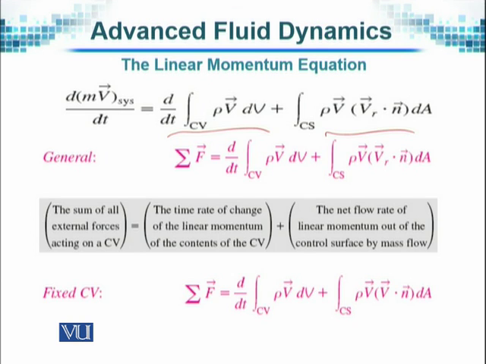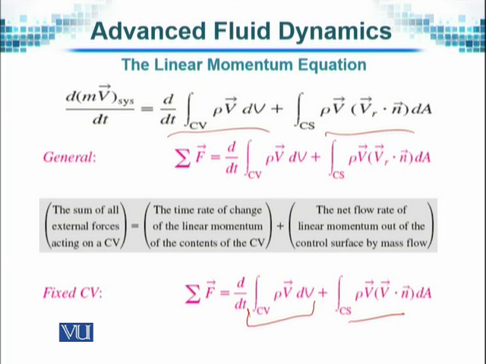The same thing is written in the descriptive form, and for a fixed control volume, the summation of forces can be written as d by dt of the integral of the momentum. This integral is taken if the density is changing. So this is the control system and this is the control volume.